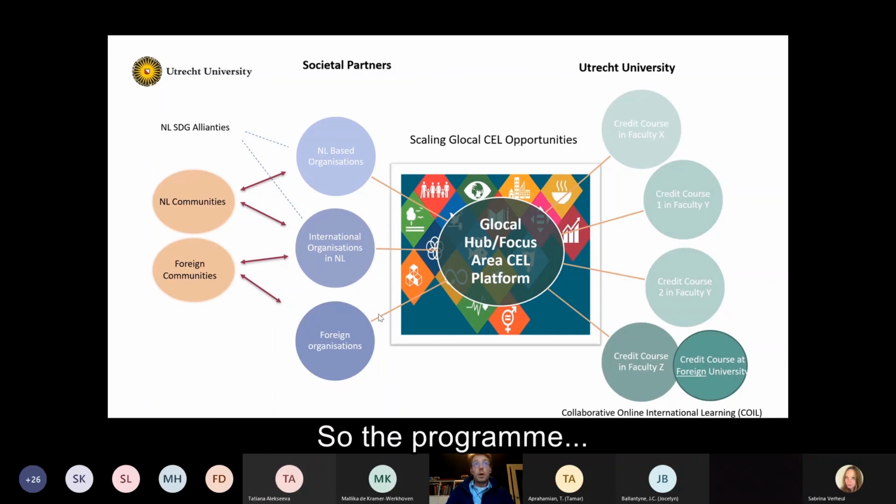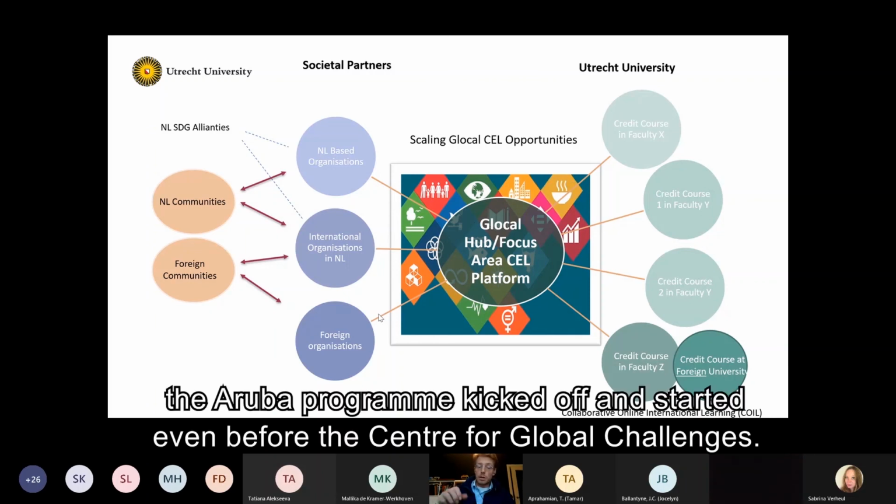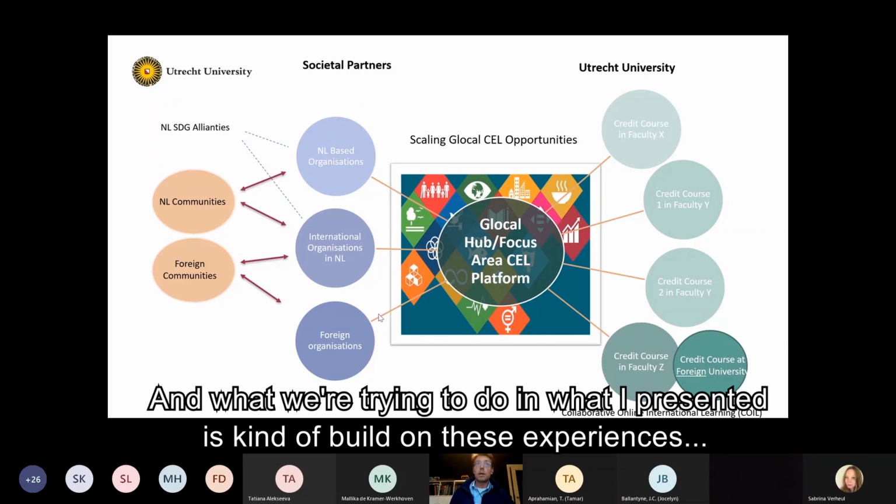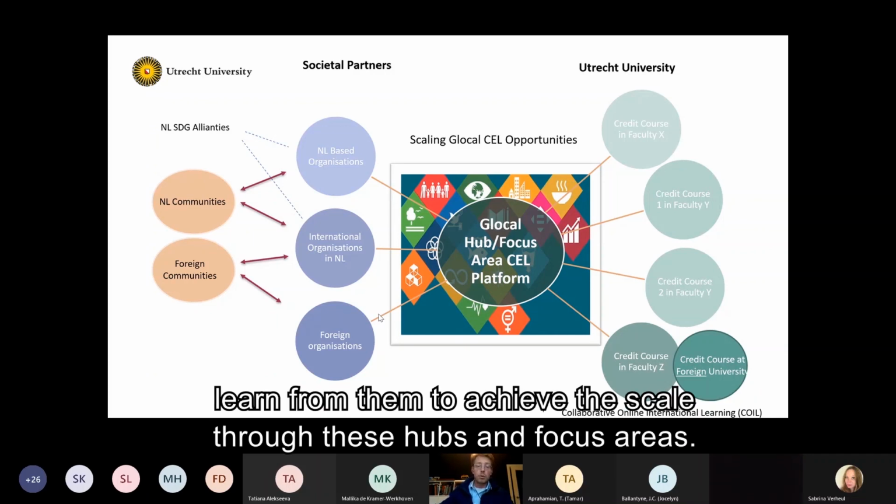The Aruba program kicked off and started even before the Center for Global Challenges. So that's all Jocelyn and colleagues. What we're trying to do in what I presented is build on these experiences, learn from them, and achieve this scale through these hubs and focus areas.